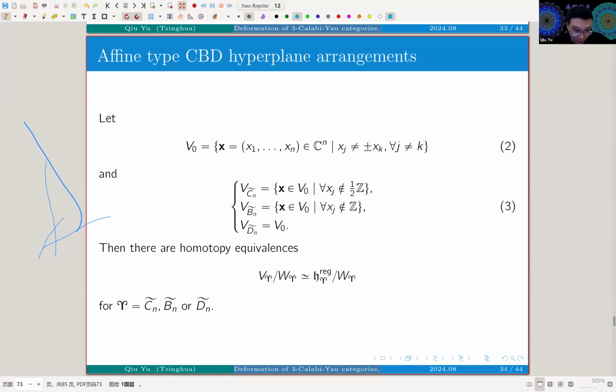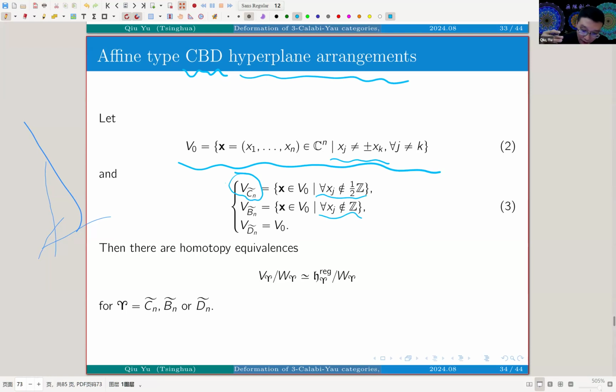So let's concentrate on three types of things for this result, basically affine type CBD. For the corresponding hyperplane arrangement, you can take the regular part of the Cartan subalgebra, or I can explicitly tell you which hyperplanes you want to get rid of. For affine type C, you are taking out many hyperplanes.